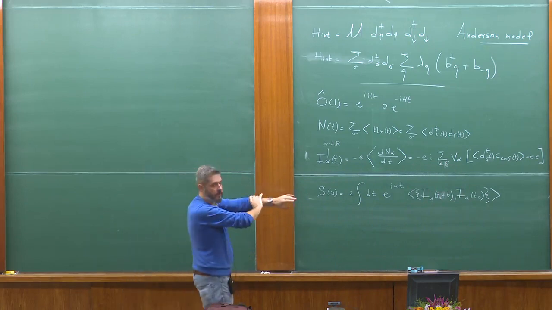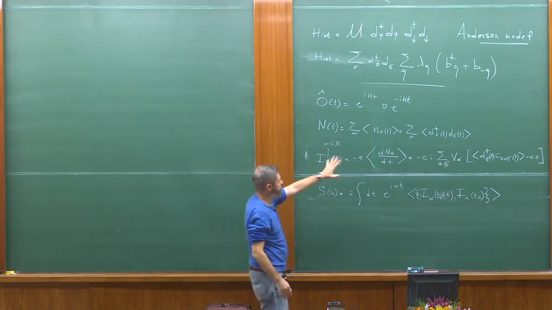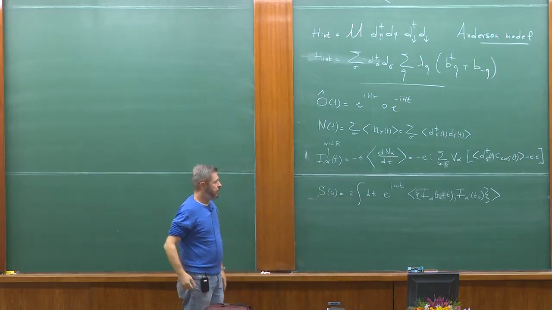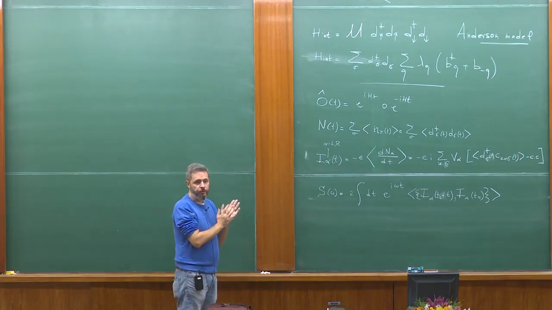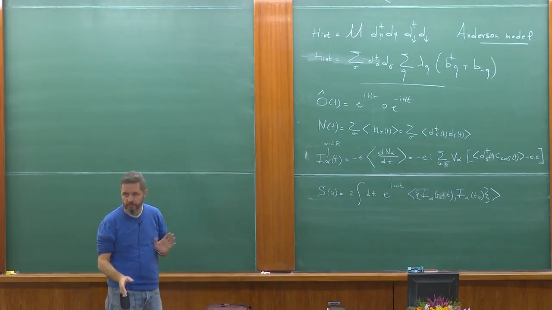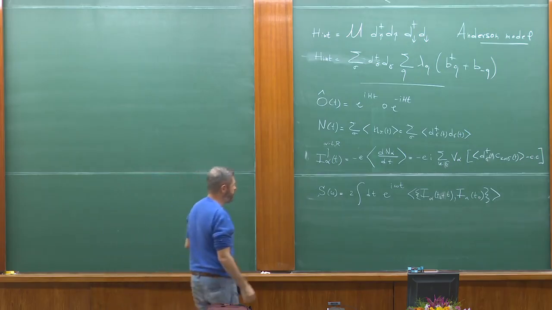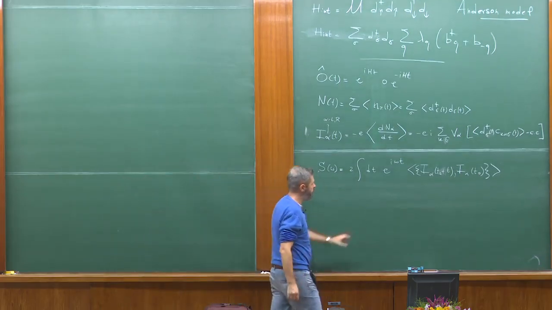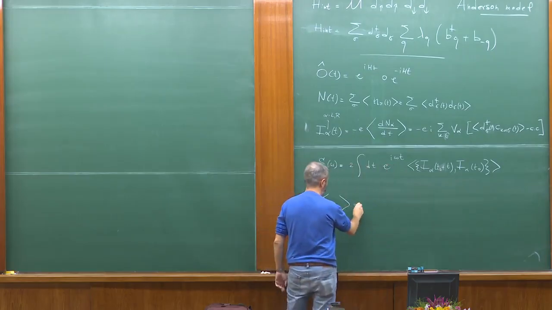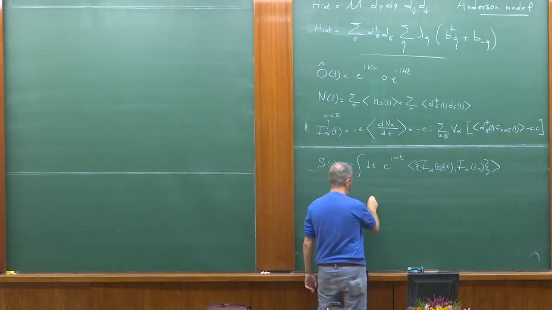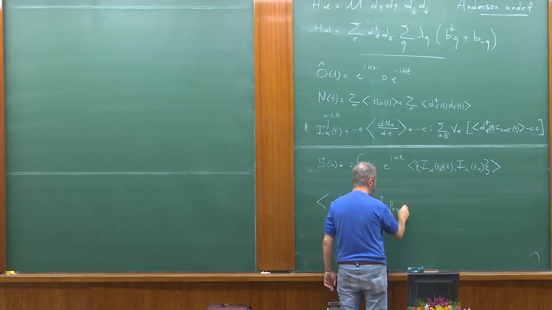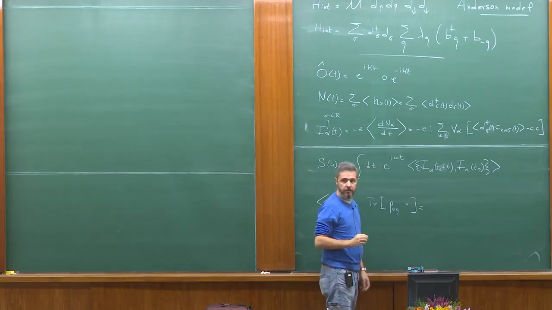Right. So now you look at this and you say, well, I have to compute the averages of operators. That's what I have to do, right? So that's your goal. And now you try to understand how to do that. Now, if this were an equilibrium problem, then it's clear that you would understand all these averages as meaning trace with respect to the equilibrium density matrix of something, right?